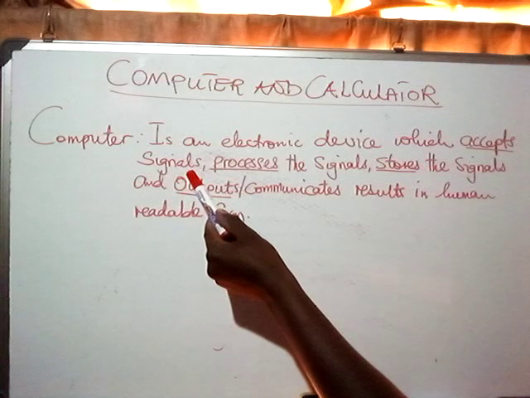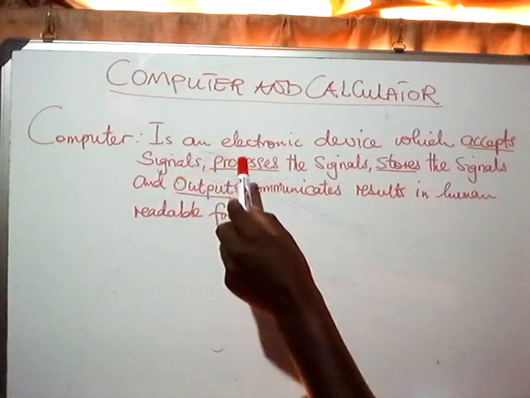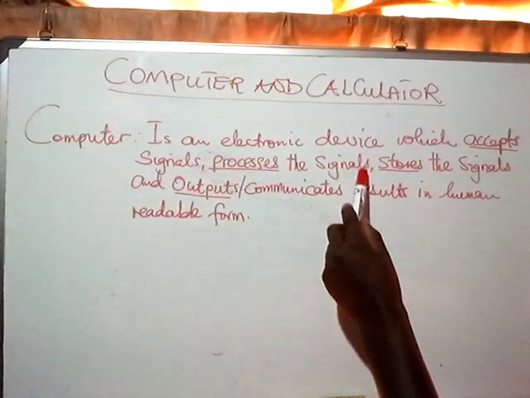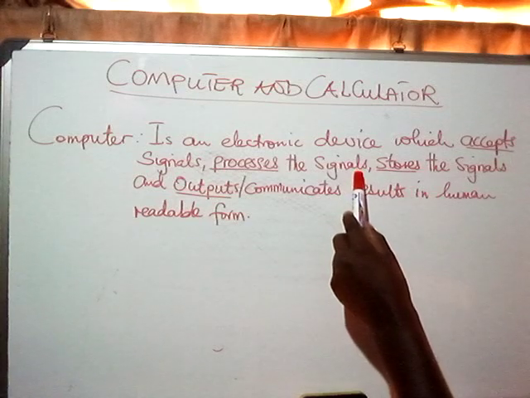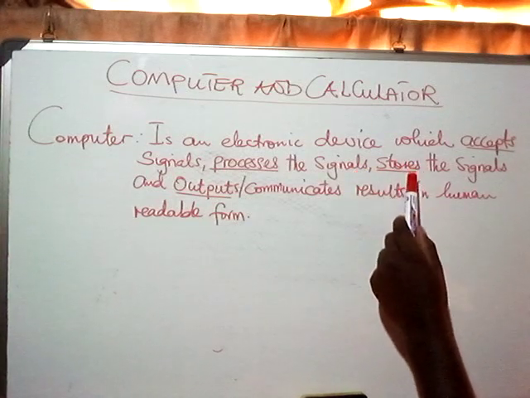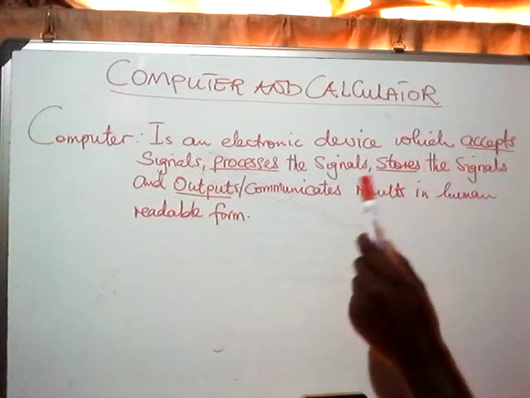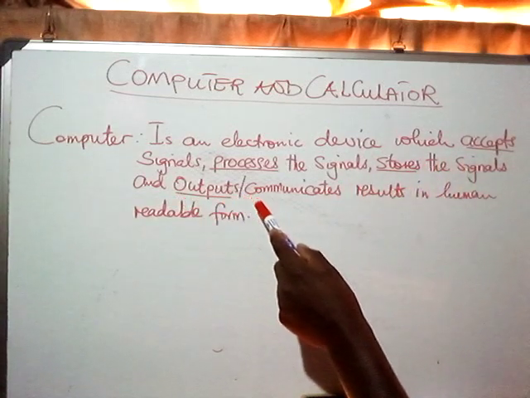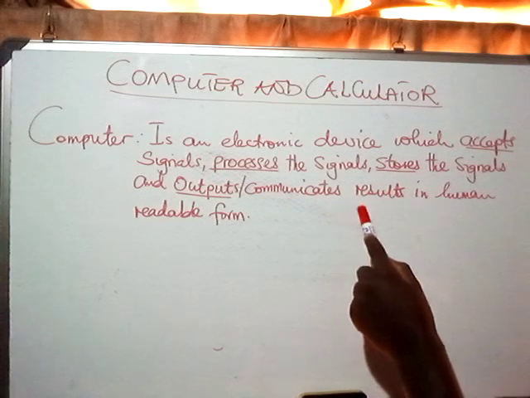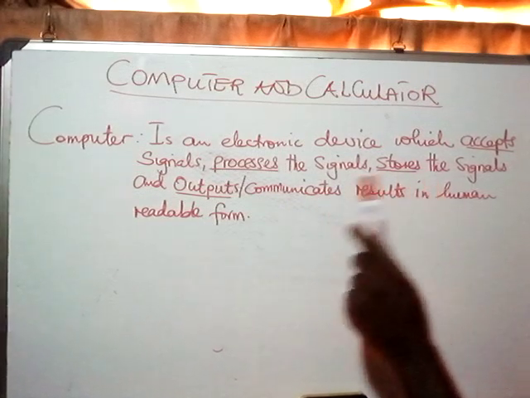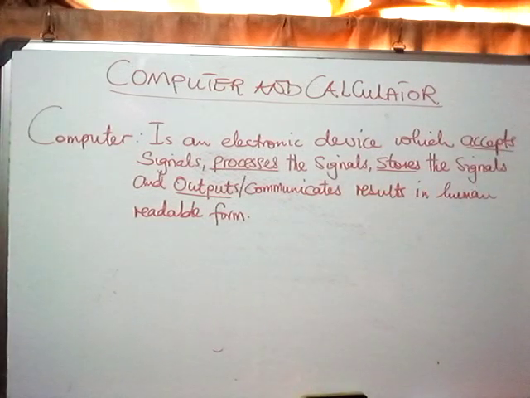Then after accepting the signals, it processes the signals. After processing, it can also store the signals. It can also output, so it communicates results in a humanly readable form. So this is what a computer can do.